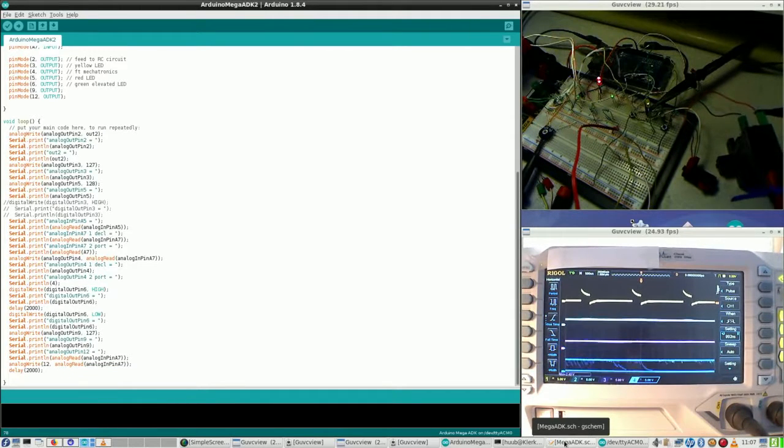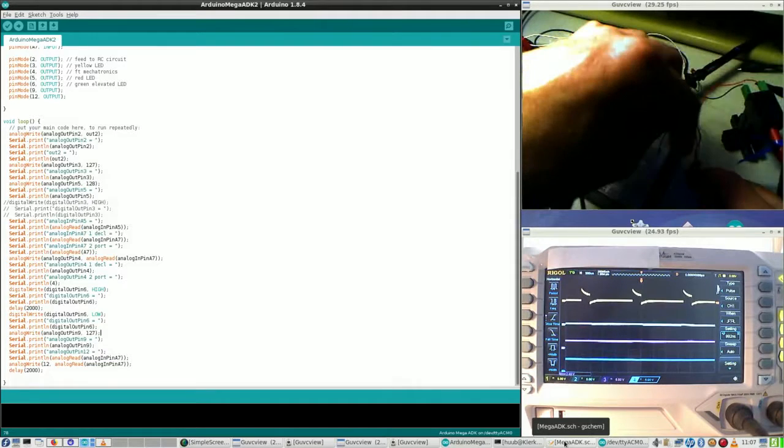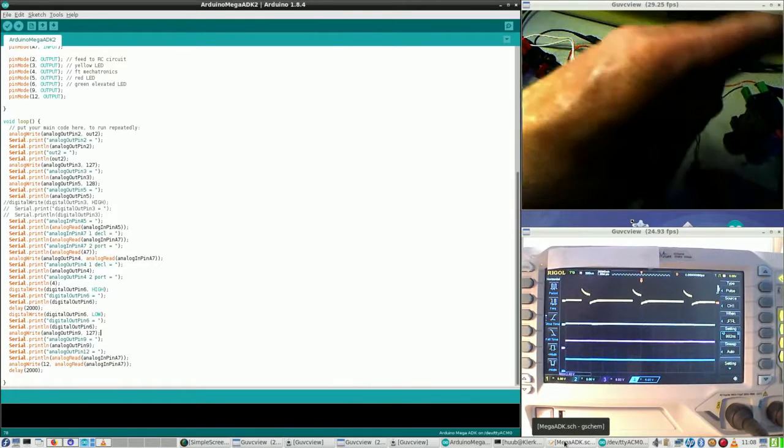Alright, now it has signal, obviously, but what kind of signal? I really can't call this a pulse width modulated signal. Does it need any assistance? No.